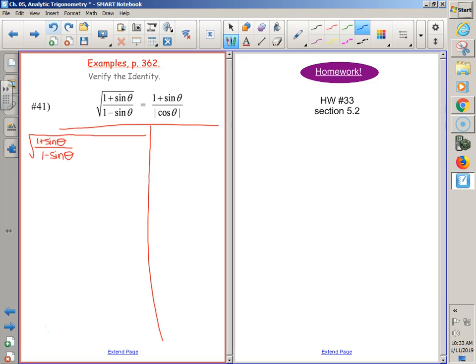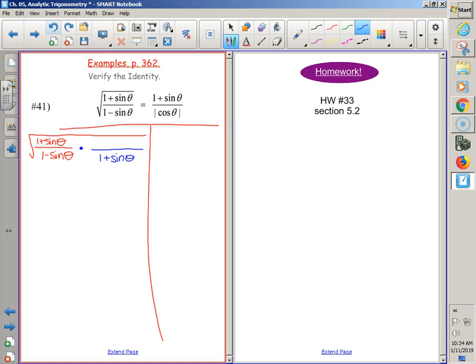So instead, we do something that looks magical, or it will look magical in just a second, but it's actually just math. I want a cosine, which could come out of a square root if it was squared, which could come from 1 minus sine squared, which will only happen if I multiply by 1 plus sine.